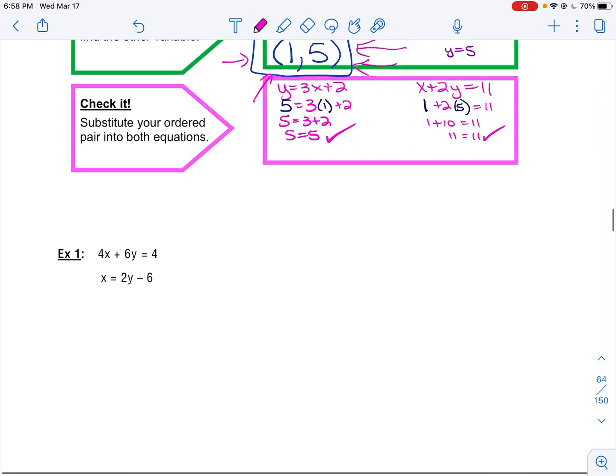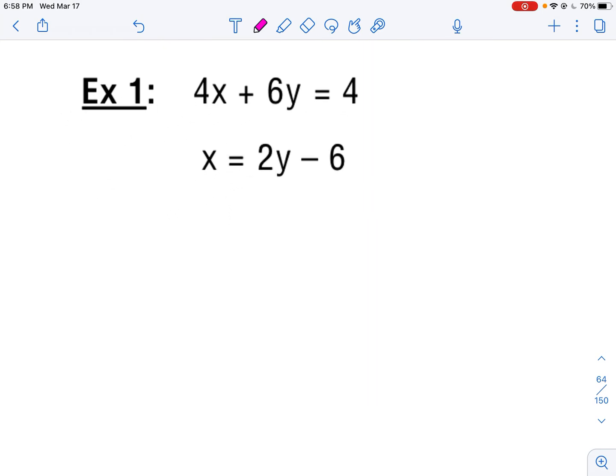Okay, so here we're going to do this again. Let's look at this. We need one of the variables to be solved for. It's already solved for x. So I'm going to take what x equals and plug it in right there.